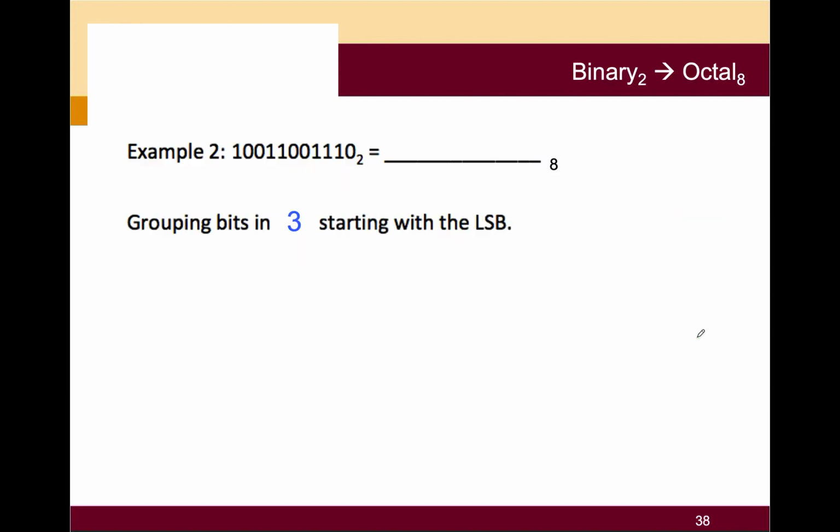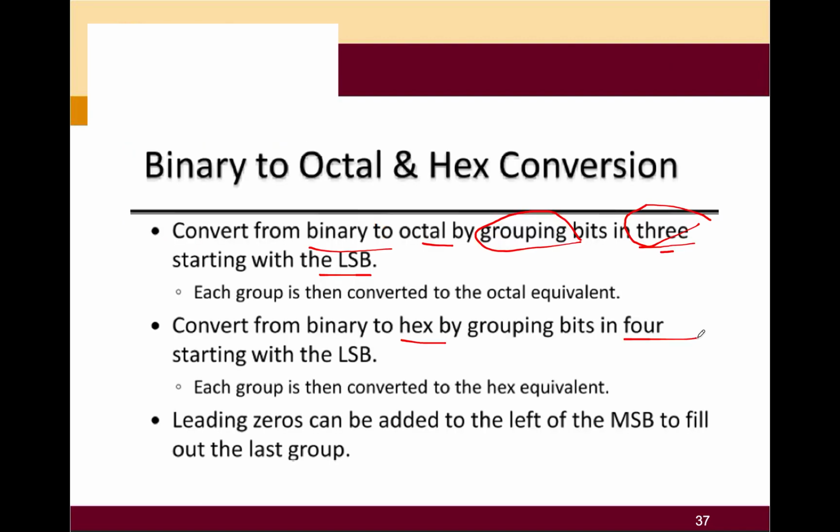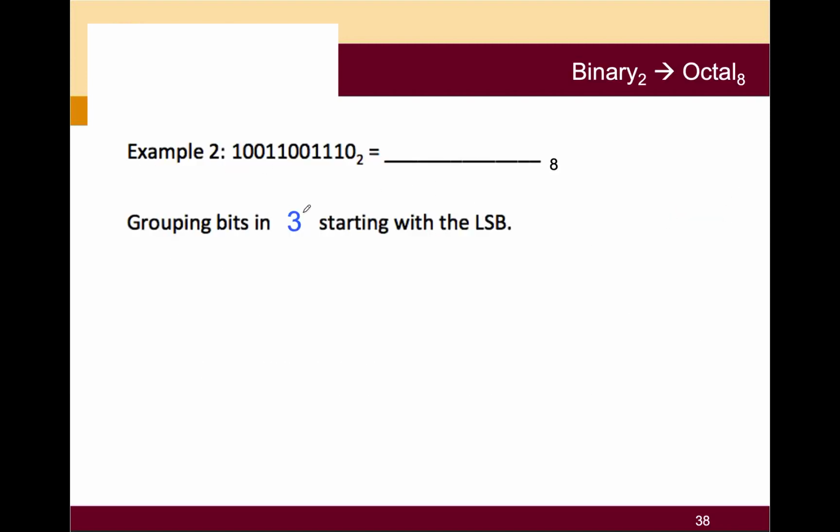So let's say you have this binary number 0 1 1 1 1 1 0 0 1 1 1 0. How are you going to convert? As I already informed, please remember 3 if you want to convert to octal. So you need to group it into 3 bits, starting from the LSB. LSB is from your right to left. This is from the LSB, the least significant digit over here, which is 0.